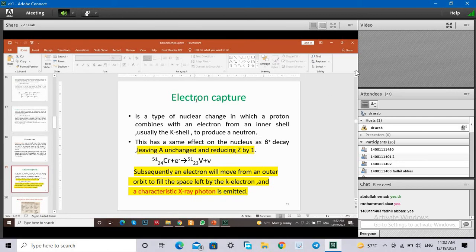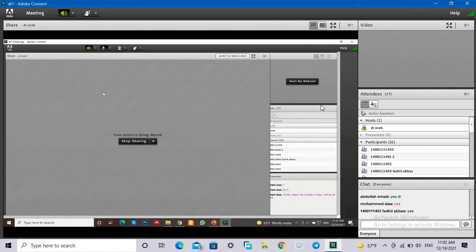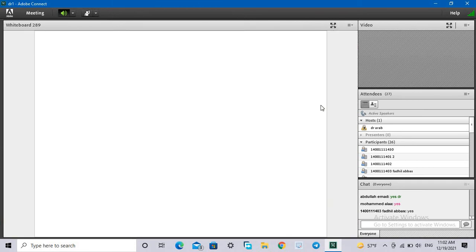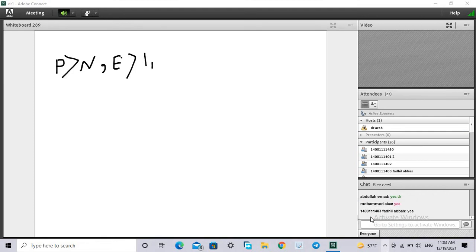And again, for more explanation, I write them on the whiteboard. When proton number is higher than neutron number and the difference energy is upper than 1.022 mega electron volt, we have positive beta.